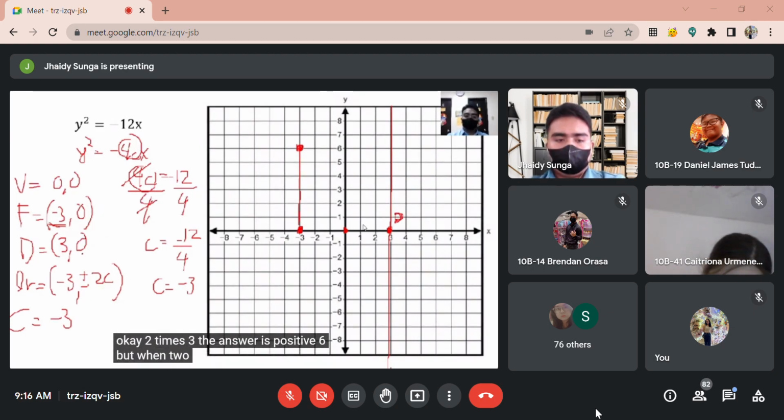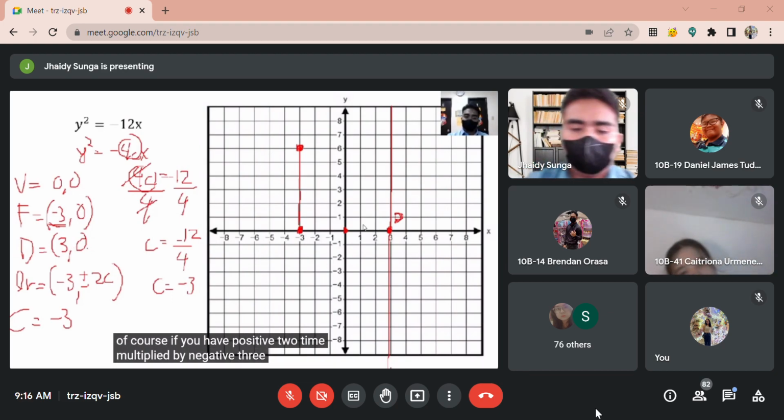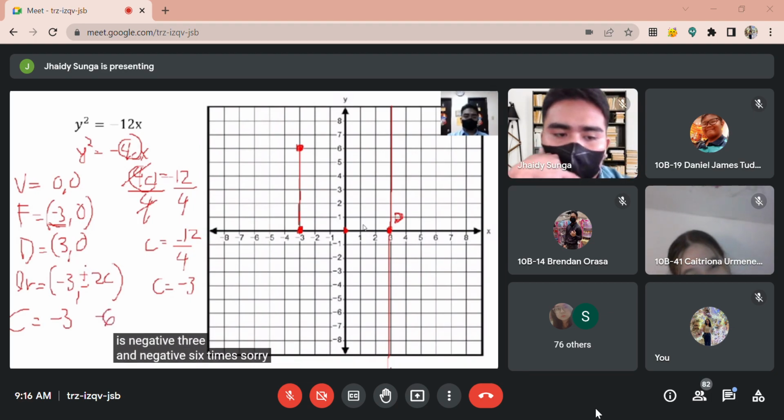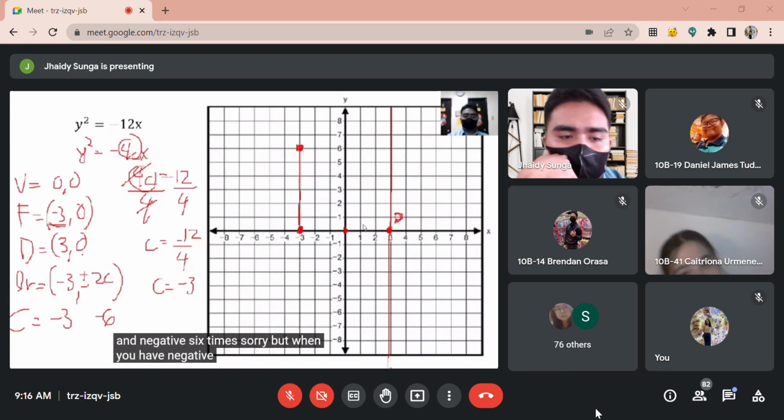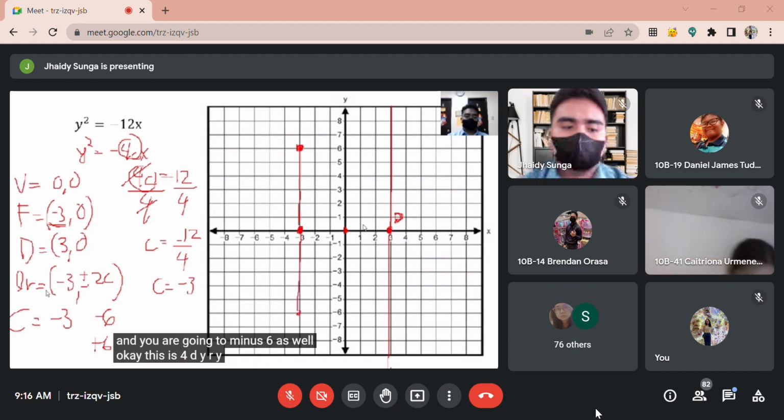But when 2 is multiplied by negative 3, what's the answer? Of course, if you have positive 2 multiplied by negative 3, the answer is negative 6. But when you have negative 2 multiplied by negative 3, the answer is positive 6. No? So therefore, you will add 6 and you are going to subtract 6 as well. Okay, this is for the y-intercept po.